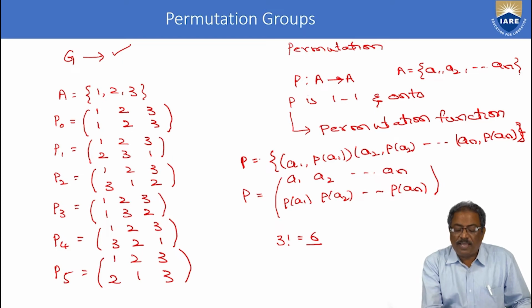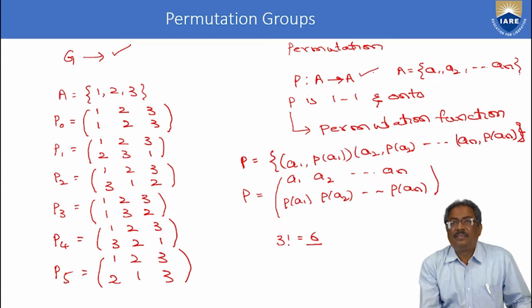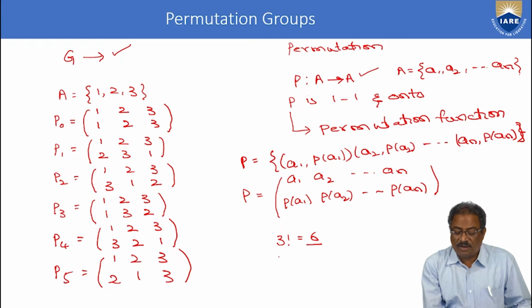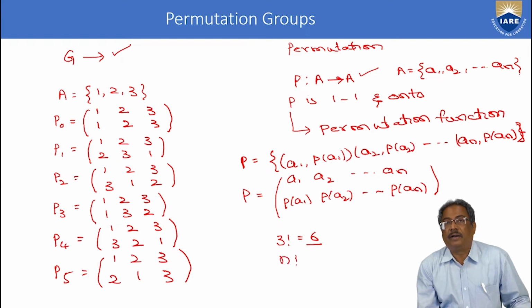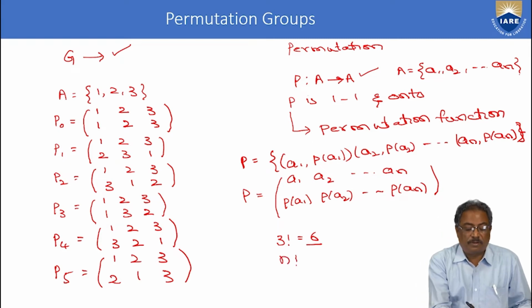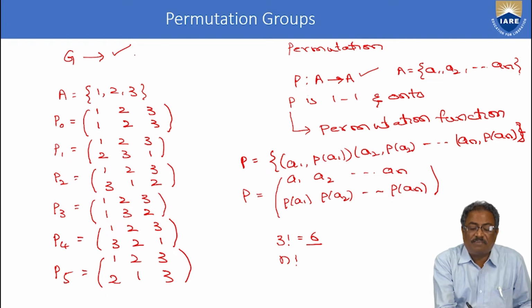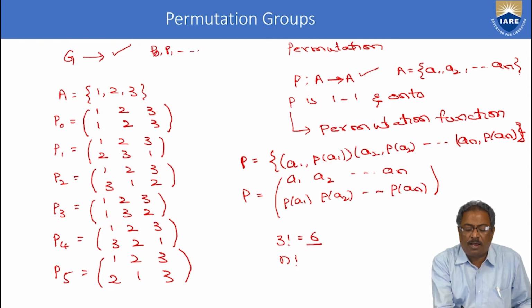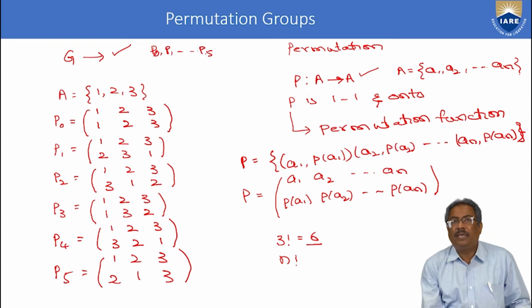If A consists of n elements, then the permutation functions are n factorial in number. So G is the set of permutation functions, P0, P1, and so on up to P5.